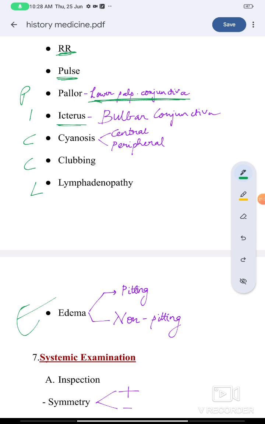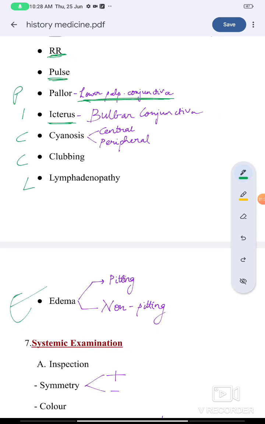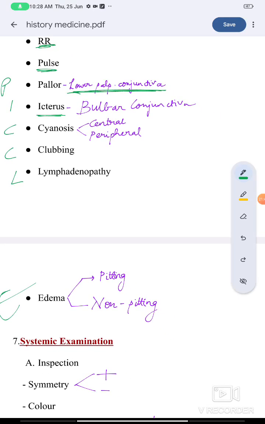Next comes icterus. Icterus is basically a synonym for jaundice in layman's language. Icterus is yellowish discoloration. It is noted on the bulbar conjunctiva. If this is the patient's eye, you retract the upper eyelid upwards and ask the patient to look downwards.